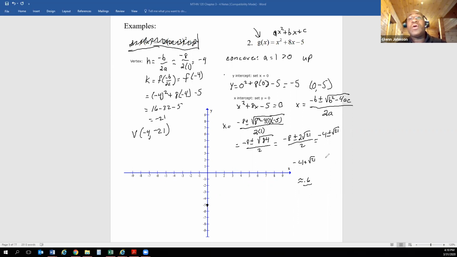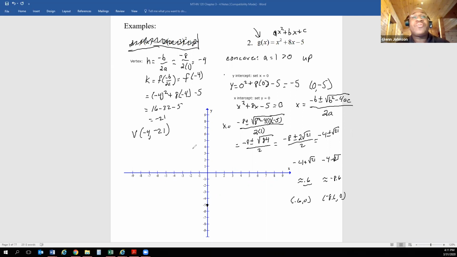And then for negative 4 minus the square root of 21, if we evaluate that, that is approximately equal to negative 8.6. So our x-intercepts here approximately will be 0.60 and then negative 8.60.